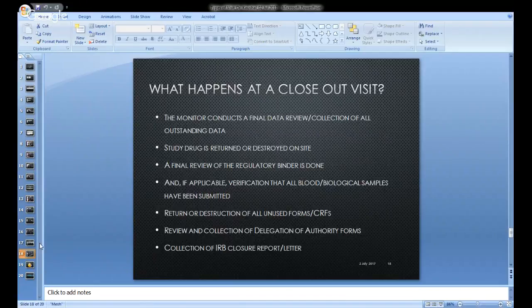What happens at the closeout visit? Very, very important for us to know. The monitor conducts a final data review, collection of all the outstanding data.